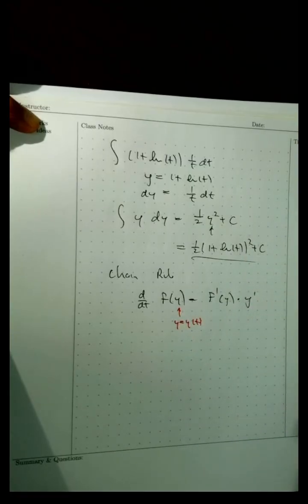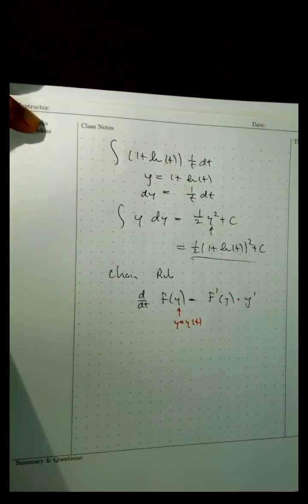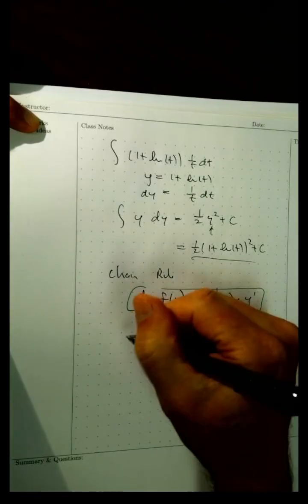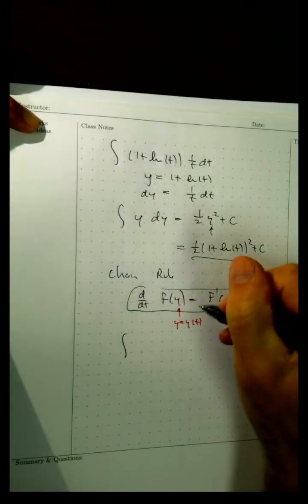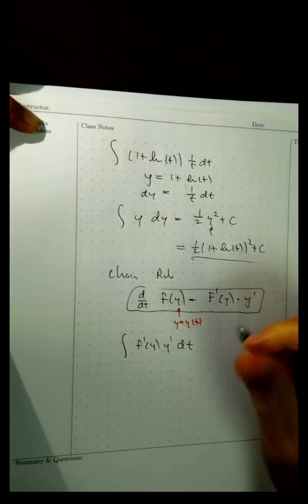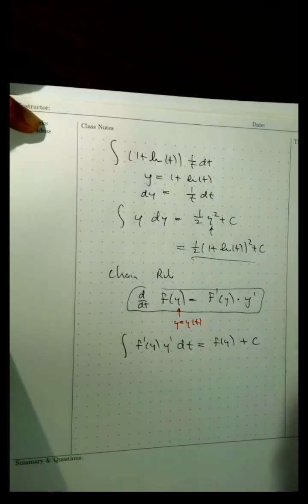Again, that's just the chain rule. And this relationship here says that if I take the antiderivative of f prime of y times y prime with respect to t, that's just f of y. And again, I have to be careful, as it could be off by a constant.